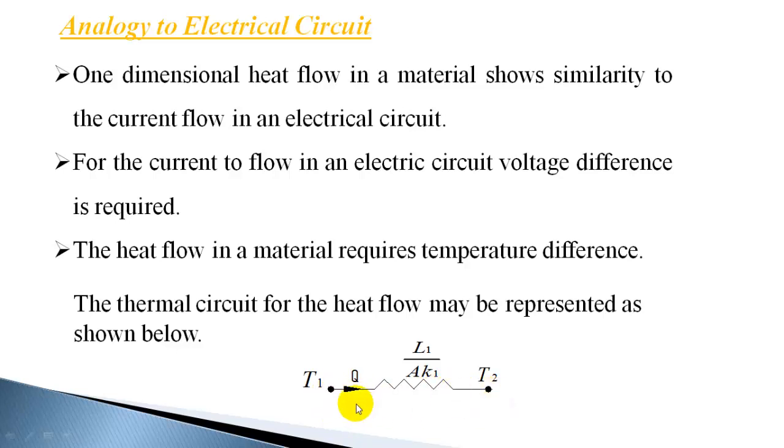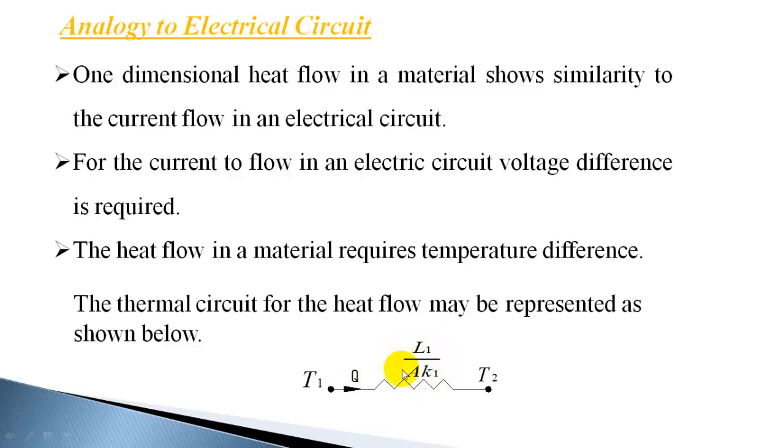Temperature on either side, T1 and T2, and L by Ak of that material. So here I put it as L1 by Ak1, or L1 by A1 K1 you can write if area is also different. So L by Ak of that material, the temperature difference divided by L by Ak will give Q. Similar to voltage difference divided by resistance gives current in the circuit, we have temperature difference divided by thermal resistance.